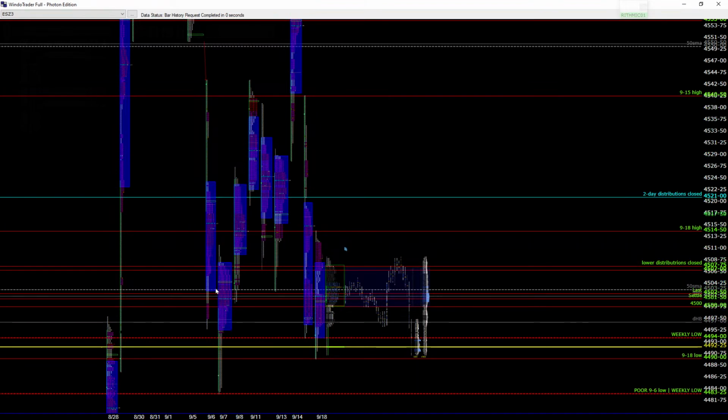Just look at this: how long it takes for the market to take this high. There's a breakout to the downside, it fails, comes back inside this range, and how long it takes to take this one out: 1, 2, 3, 4, 5 days.